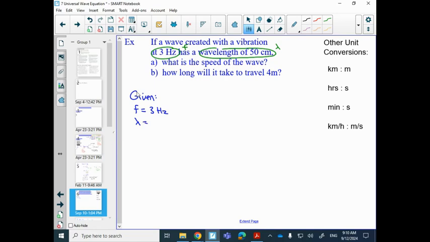So wavelength is the 50 centimeters. And right away there, you should be saying to yourself, okay, really the preference here is to go to SI units. So let's switch it to SI units. We need to switch to meters, so centimeters to meters.